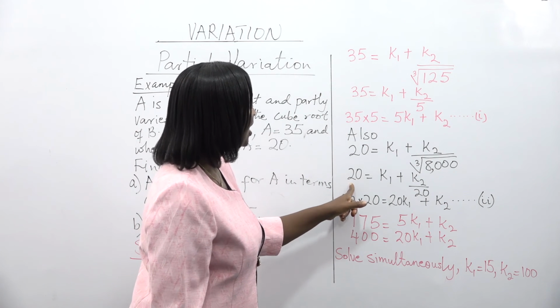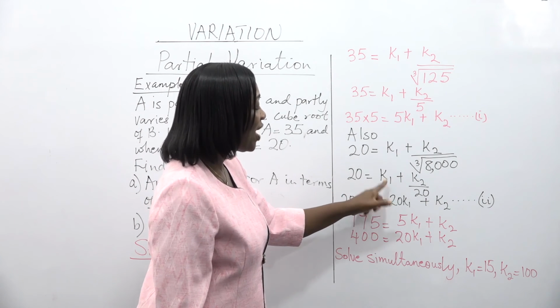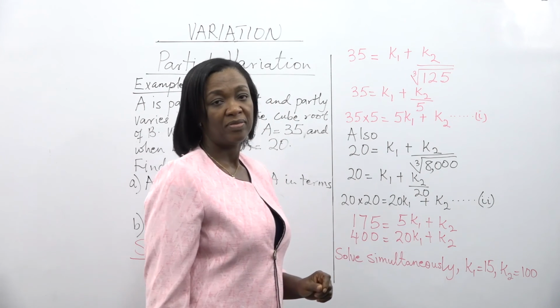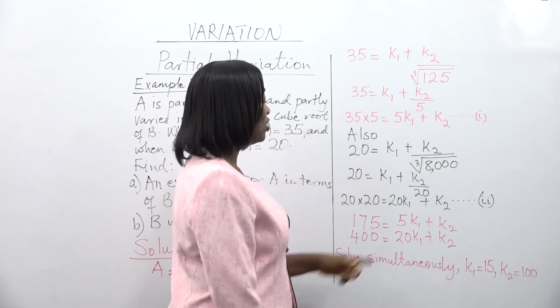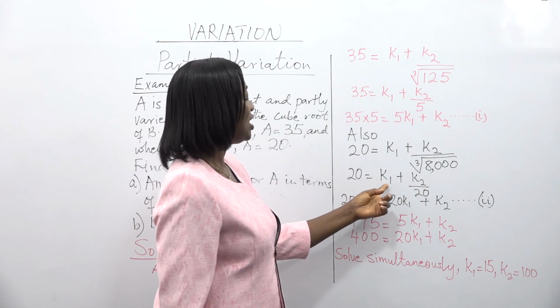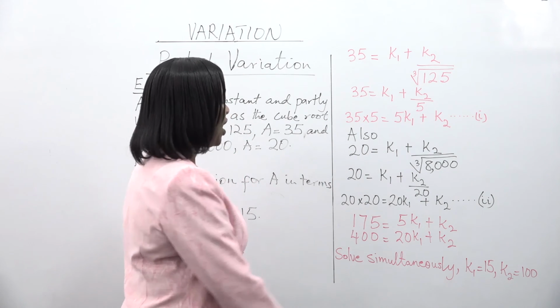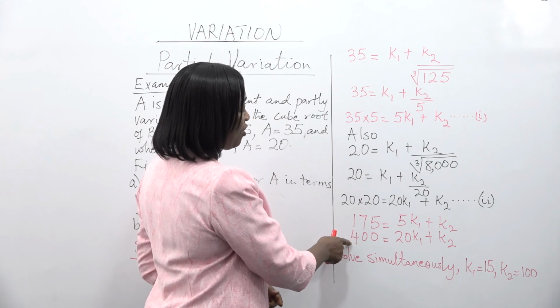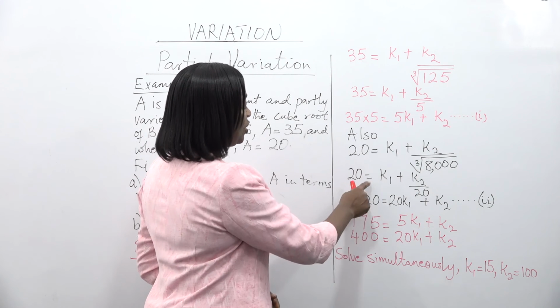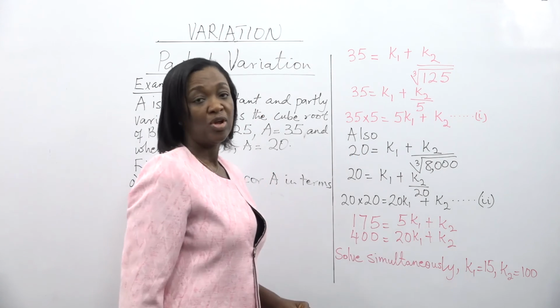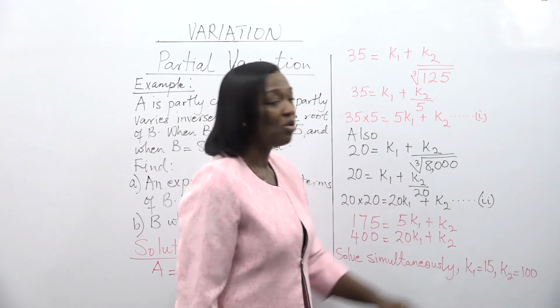So we have 20 is equal to K1 plus K2 over 20. So again, we want to remove the 20 as a denominator. So we multiply each term by 20. So we have 20 times 20, which will give us 400, is equal to 20 K1 plus K2. So that becomes our second equation.